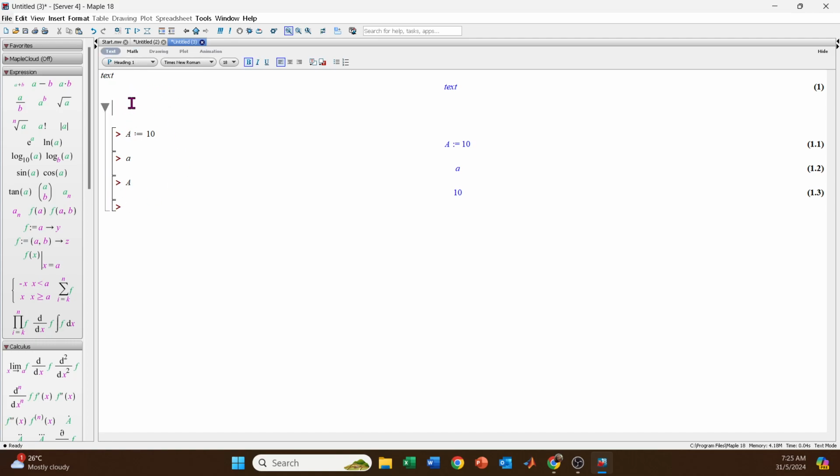For example, I want this one as a group, and you can type in the title. Let's say this is basics, for example. Then you can hide it. You can add in, let's say, another section, for example like this. Let's say this one using evalf.